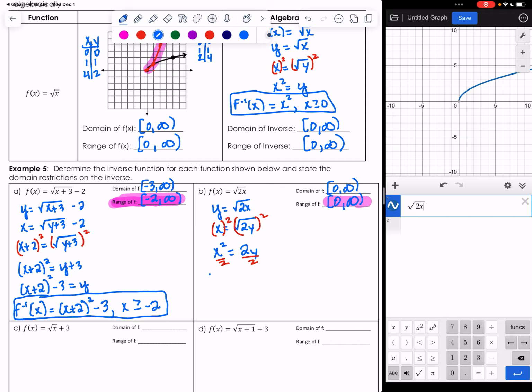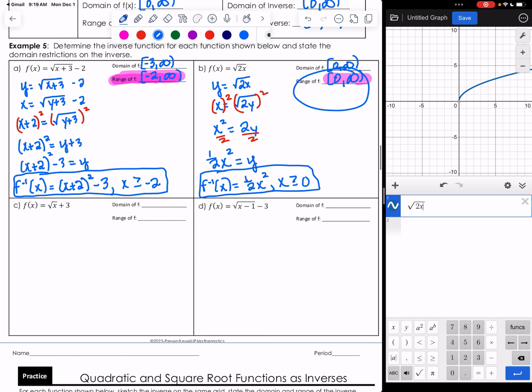So that would be 1/2 x squared equals y. So our final answer, f inverse of x, is equal to 1/2 x squared for x's that are greater than or equal to, and you go back and you look at your range, that's where you get your new domain restriction, okay?